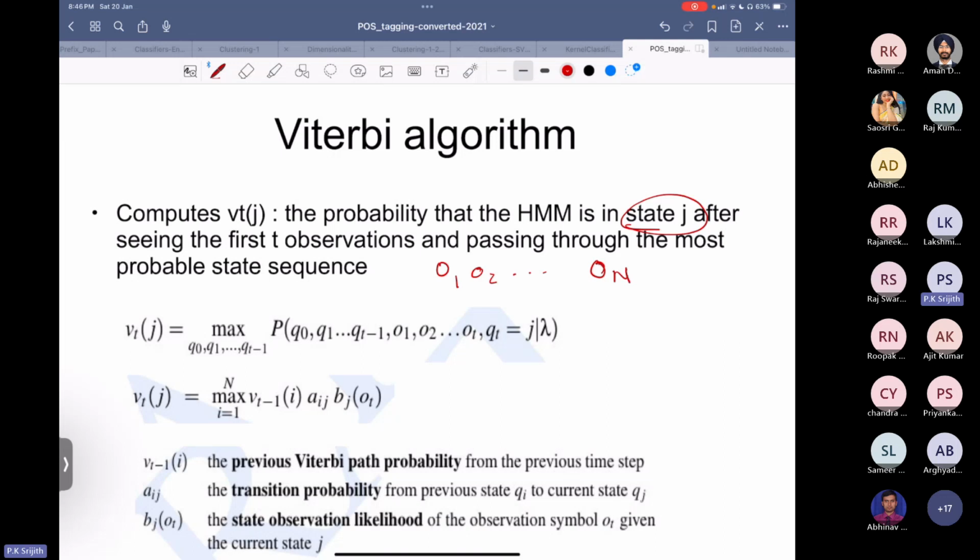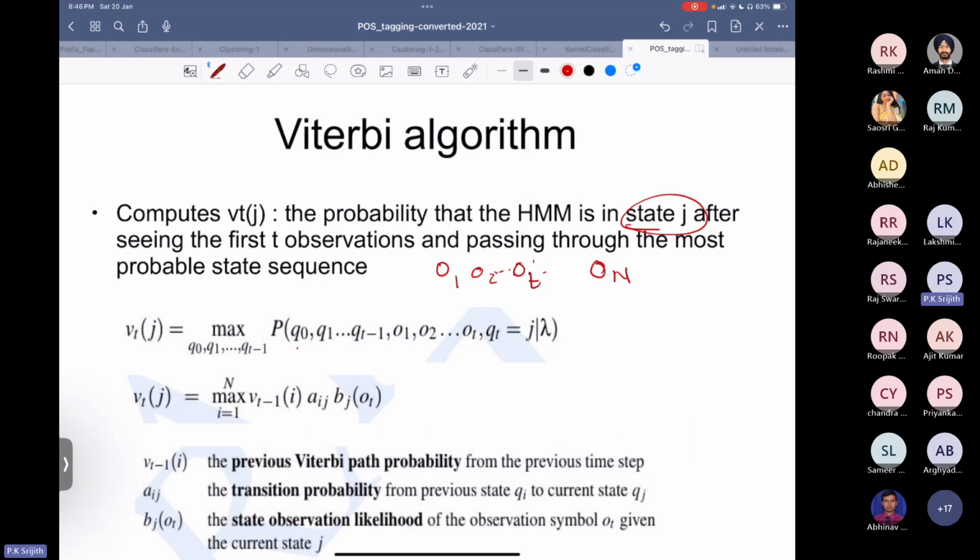And you have seen the first T observations, O1 up to OT, and after knowing the most probable tags, okay.